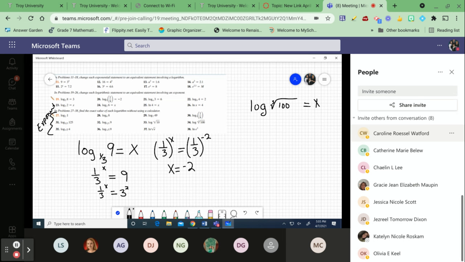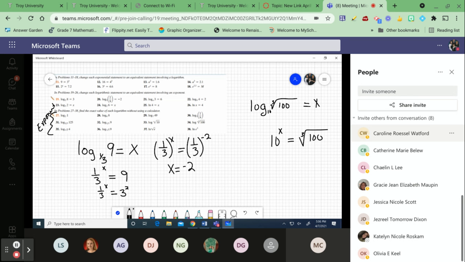What is your calculator going to use? 10, right? There's a 10 here. So I have 10 to the x is equal to the cubed root of 100. So here we got to pull in some other past Algebra 1 business.